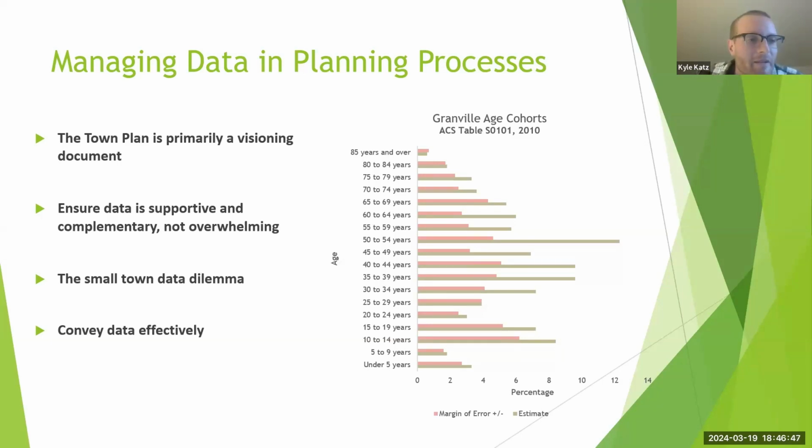So we get to the small town data dilemma. I've alluded to this earlier in the presentation. For many of the smaller towns in a region, there's often little reliable data from the American Community Survey.